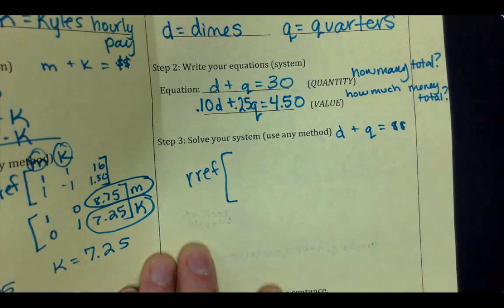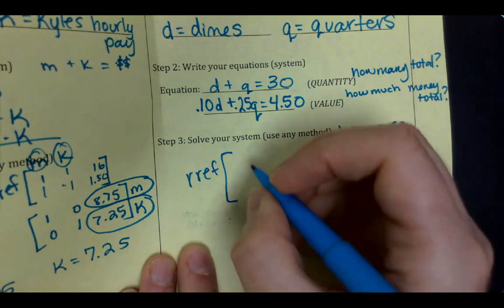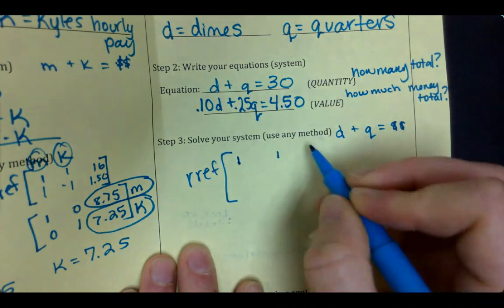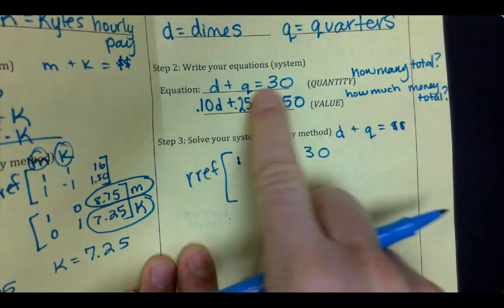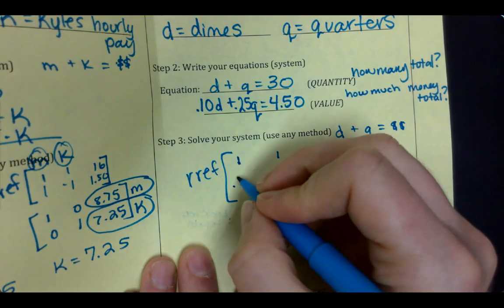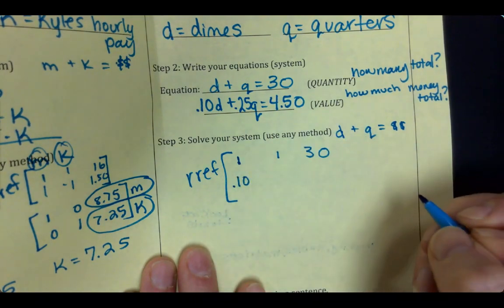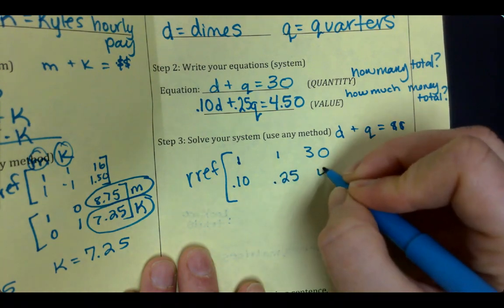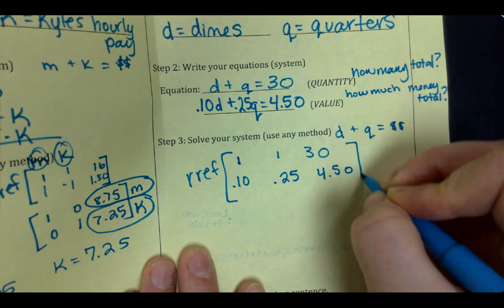So it's D, Q, and a number. So 1, 1, 30. That comes from our first equation, our quantity equation. Our second equation, 0.10, 0.25, and 4.50. Make sure you put the decimal in there.